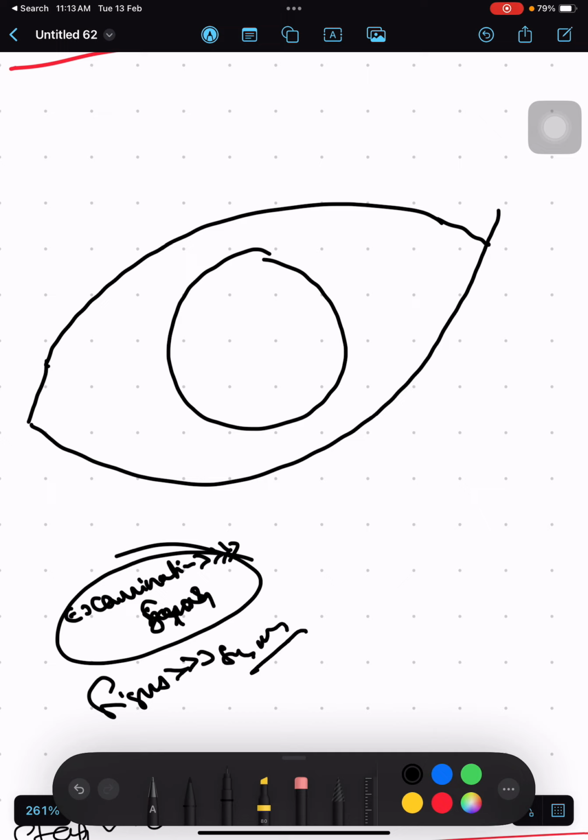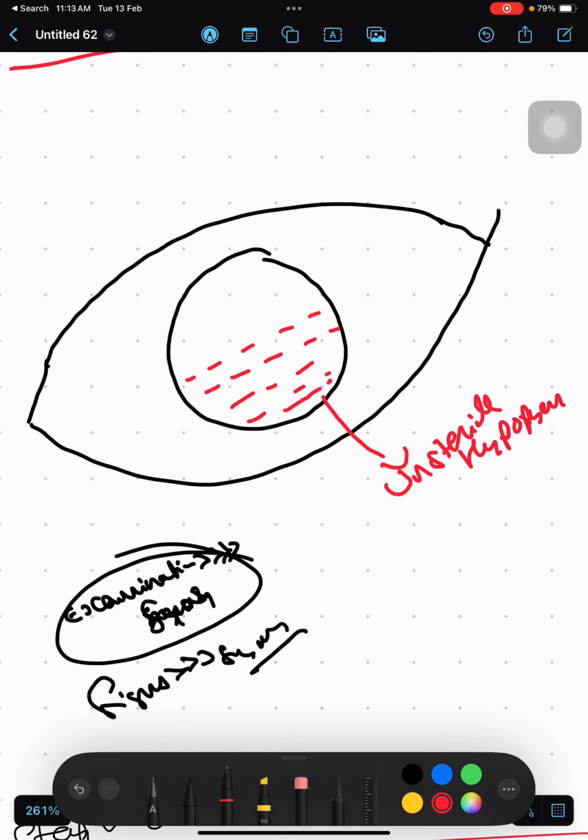So what you can see in the eye, okay, what have I made? This is an unsterile hypopyon. And what you have here is a dry and rough ulcer. There are hyphae. Okay, there is this satellite nodule. Too many nodules, so satellite nodules.